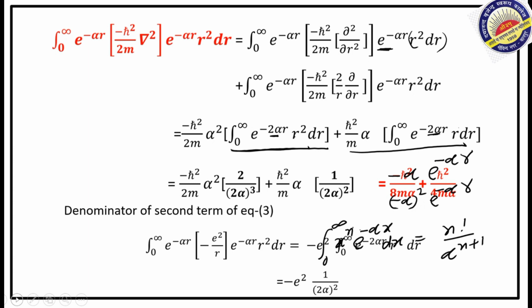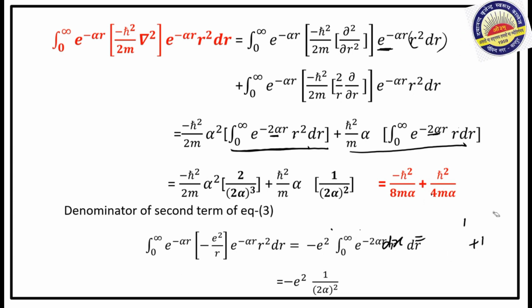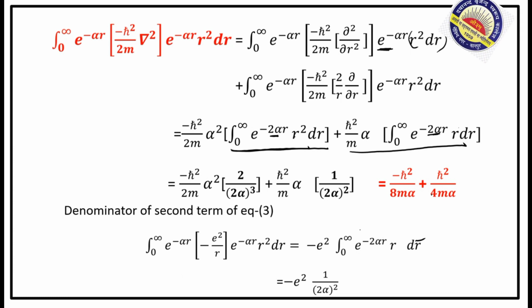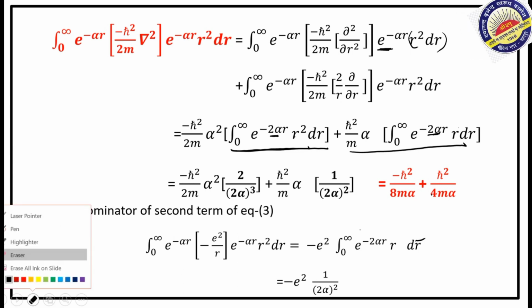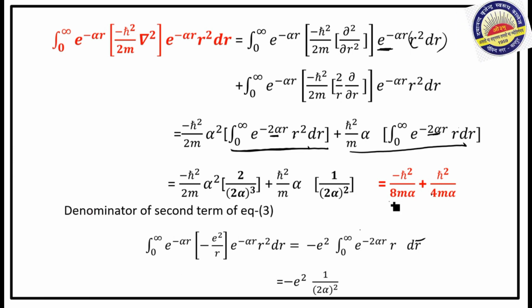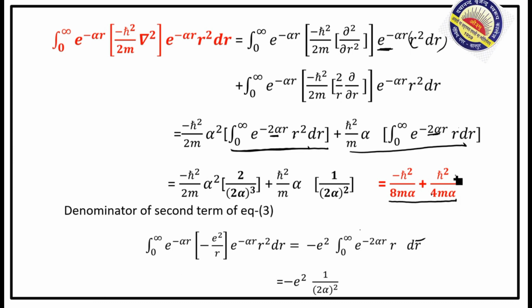So after applying the beta gamma function, you will get this term, which becomes minus h cut squared by 8m alpha plus h cut squared by 4m alpha.